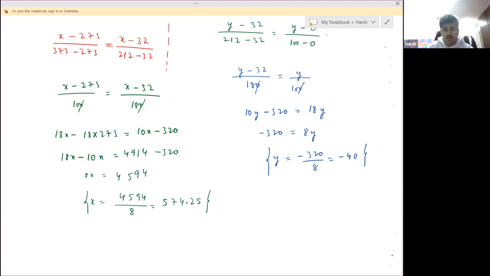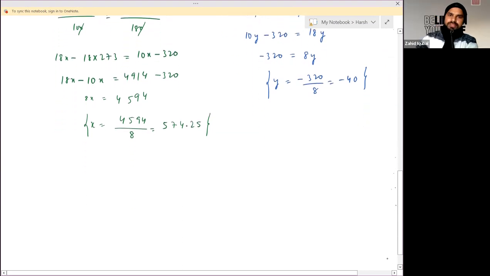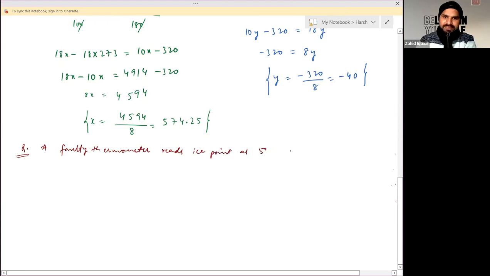Done, sir. Okay. Another question related to this concept: suppose a faulty thermometer reads ice point as 5 degrees Celsius and steam point as 95 degrees Celsius.